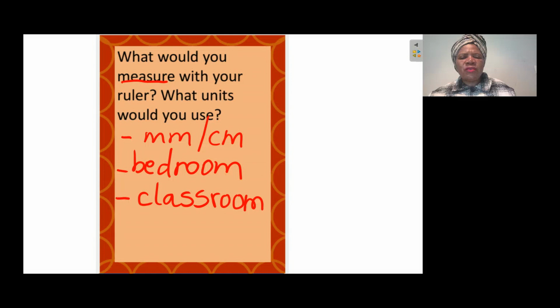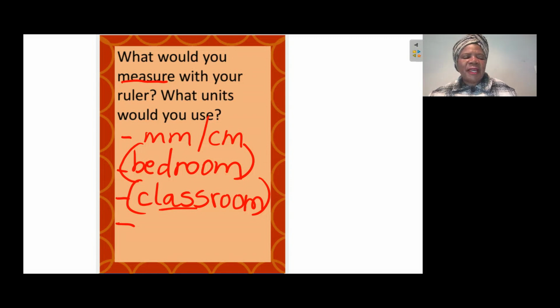What would you measure with your ruler? These are things that you are looking for in the bedroom. In the classroom, you can measure the window, the board where the teacher writes, and the duster.